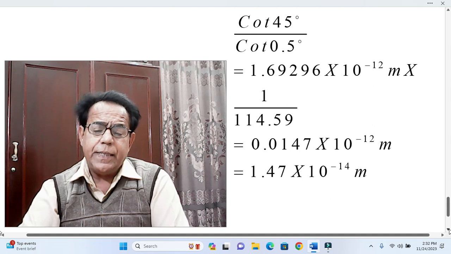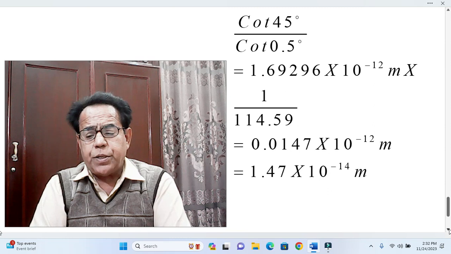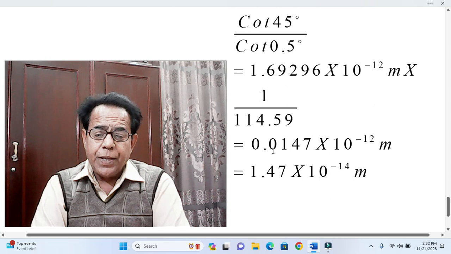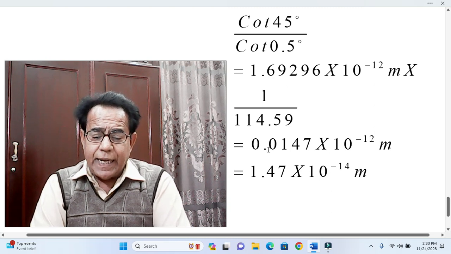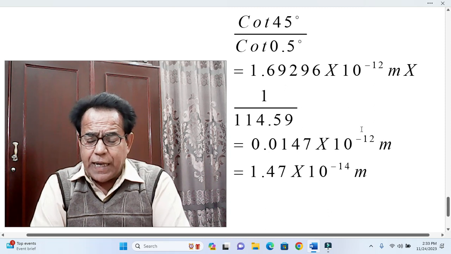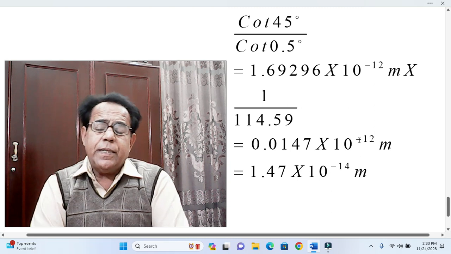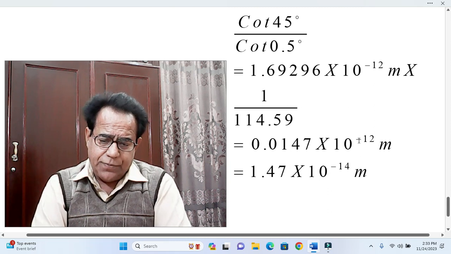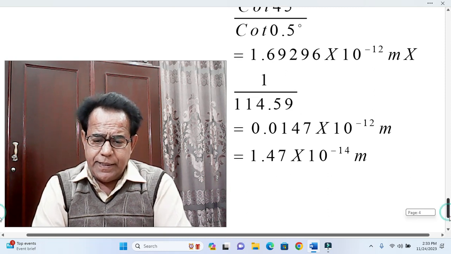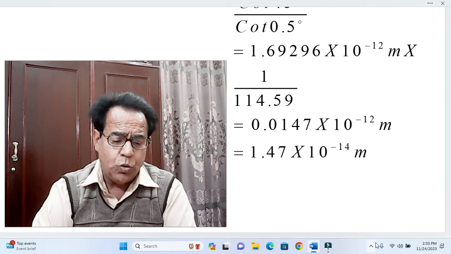Alternatively this can be written as 1.47 into 10 raised to the power minus 14 meter, because, dear students, here we are shifting the decimal 2 places ahead, so the power of 10 decreases by 2 further. So I think this is the end of our problem, this is the end of our video. Till next video, Allah Hafiz.